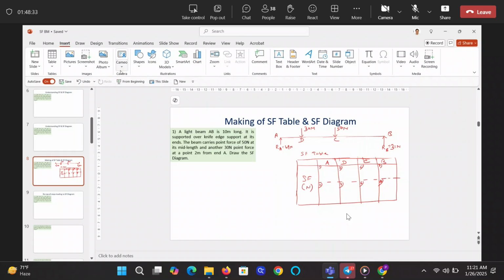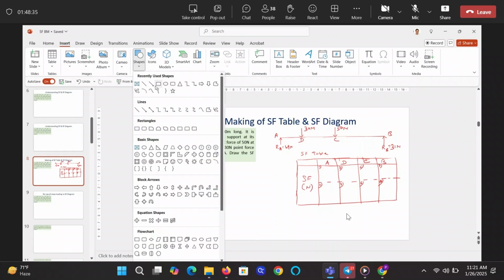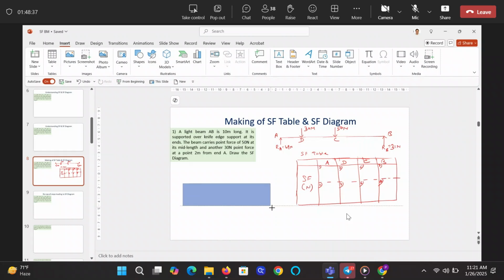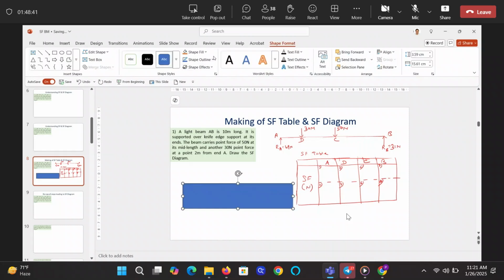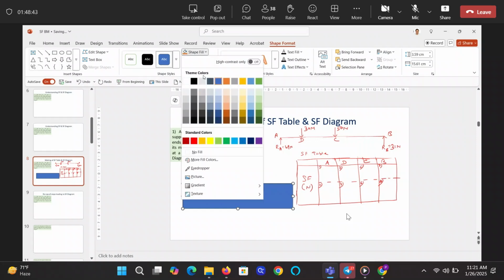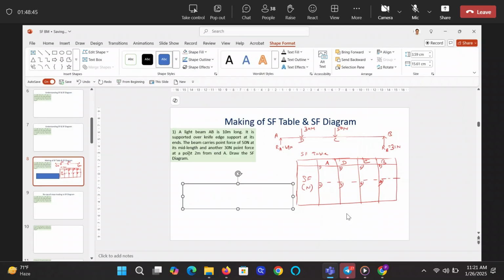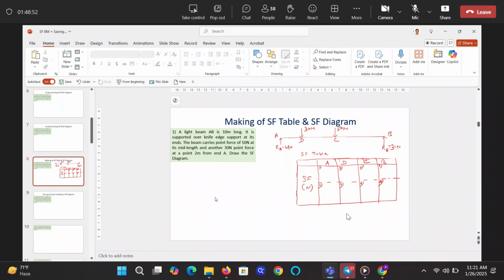I'm giving you a tip for one or two times, and then you don't need the tip after that. Then you'll not need this. Let me just remove the outline also. Okay, guys. Now you see.